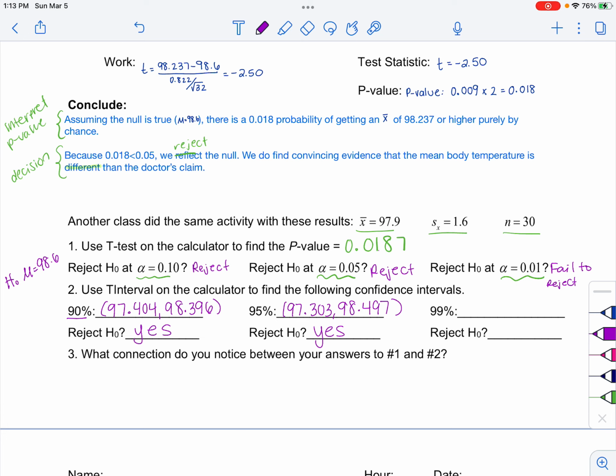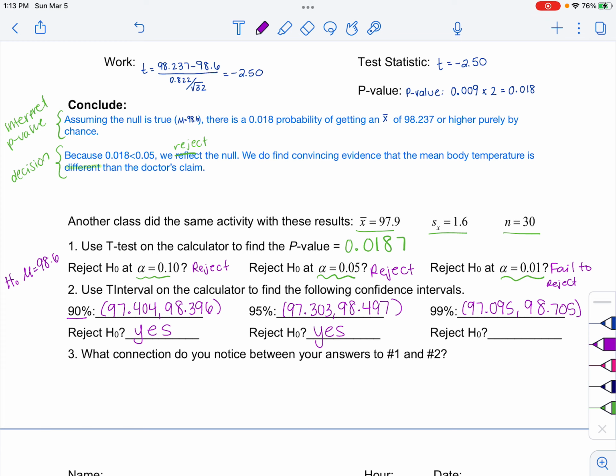All right, now let's try 99%. So we're going to go one more time, stat, over to tests, and down to T interval, which is option 8. And then I'm going to go all the way down to the confidence level and change it to 0.99 and calculate. Now my confidence interval is 97.095 to 98.705.